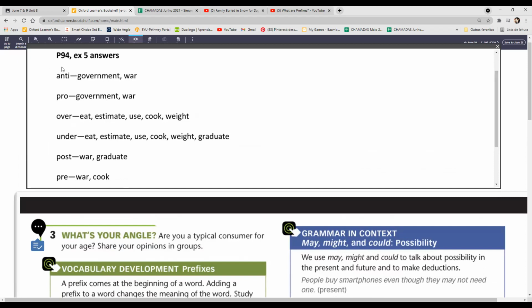You can use anti-government, anti-war, pro-government, pro-war, overeat, overestimate, overuse, overcook, overweight, undereat, underestimate, underuse, undercook, underweight, undergraduate, post-war, postgraduate, pre-war, pre-cook.